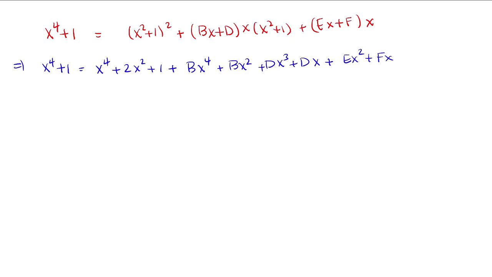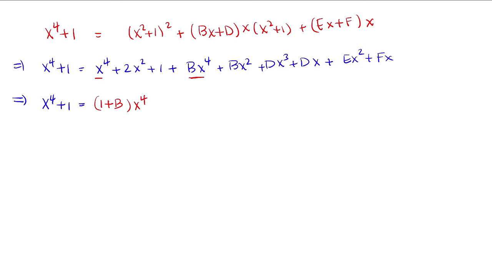So let's do this. As we always do, I'm going to combine like terms. So left-hand side stays the same, and now I'm going to take care of my x to the fourth term. So I have x to the fourth, and then plus bx to the fourth. So I get that this is equal to 1 plus b, and then x to the fourth.